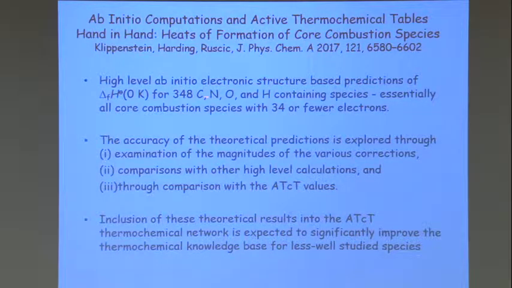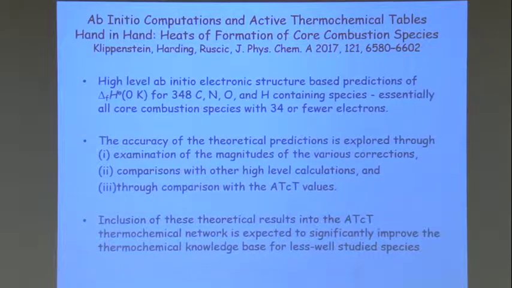They're very high-level ab initio electronic structure calculations for 348 carbon, nitrogen, oxygen, and hydrogen-containing species. Essentially, they're all the core combustion species with 34 or fewer electrons.